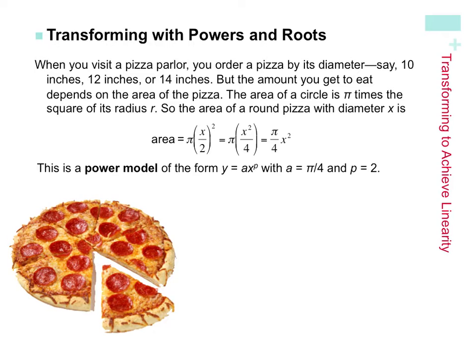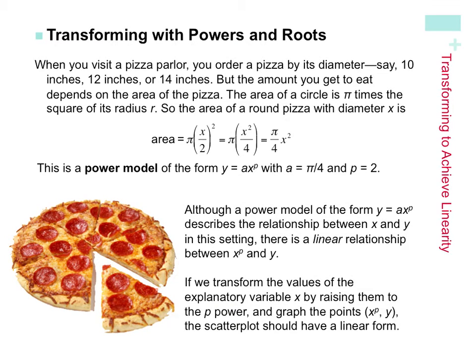So all these things are showing power models, okay? Although a power model of the form y equals ax to the p describes the linear relationship between x and y in this setting, there is a linear relationship between x to the p and y.